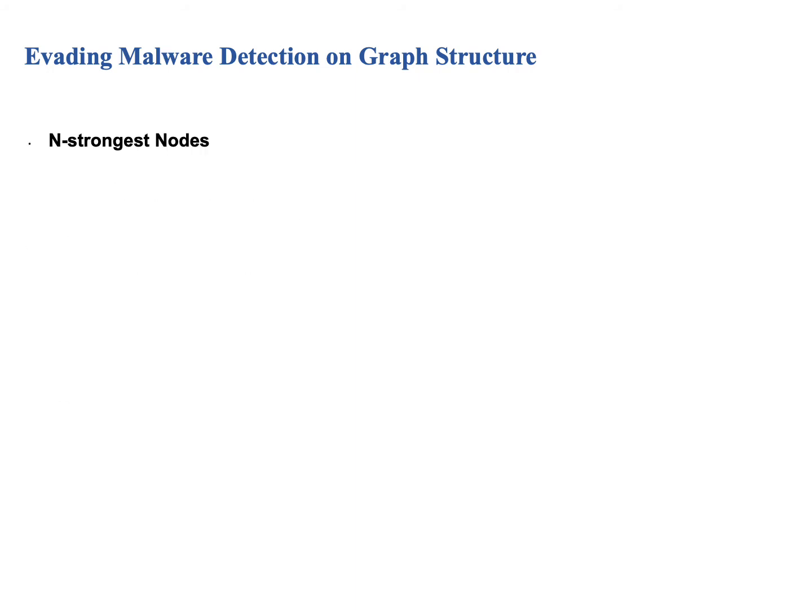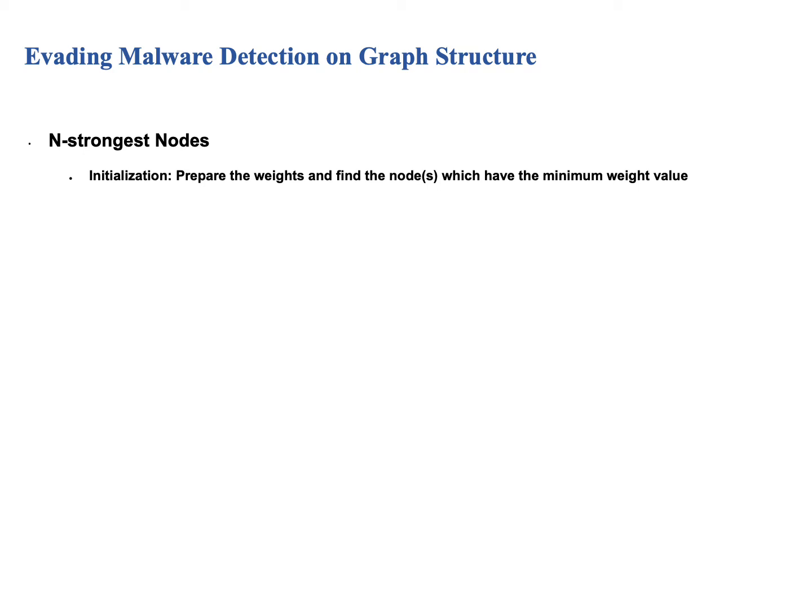Here for the n-strongest node method, the first step is initialization, which means that we should prepare the weight and find the node which has the minimal weight value. Here, why do we use the minimal value? Because in our model, we define the malicious sample with the label 1 and the benign sample with the label -1.